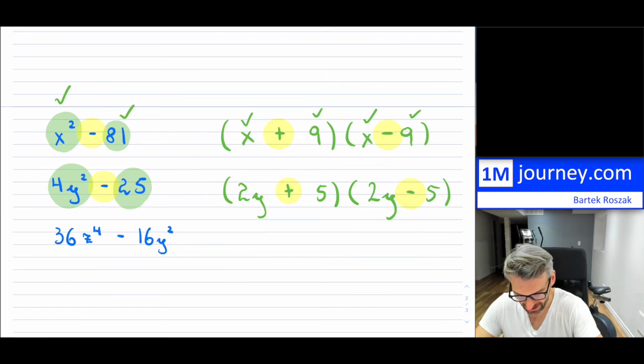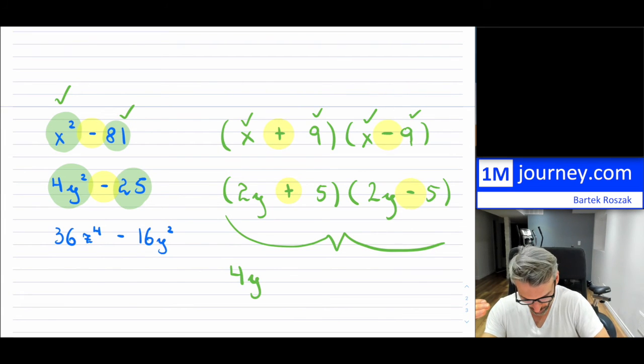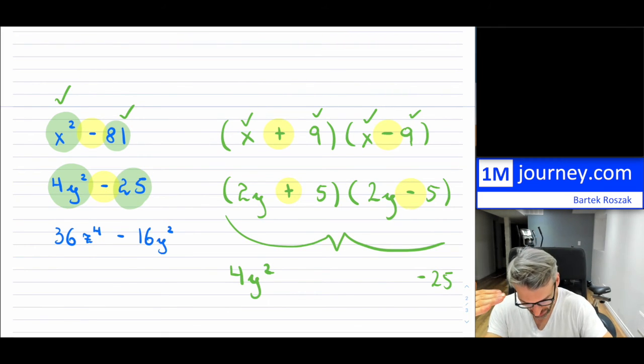And you can test this. I encourage you to test it a couple times for yourself so that you see. Meaning, expand it out. If you expand this, you're going to get 4y squared, and on the back, you're going to get 25. And now in the middle, because you're multiplying this times this, it's going to be minus 10y.